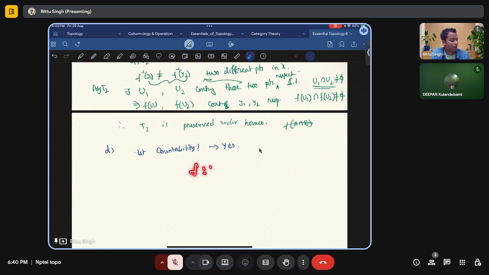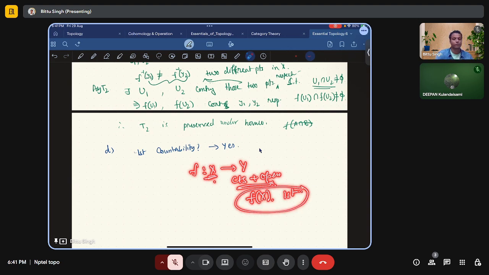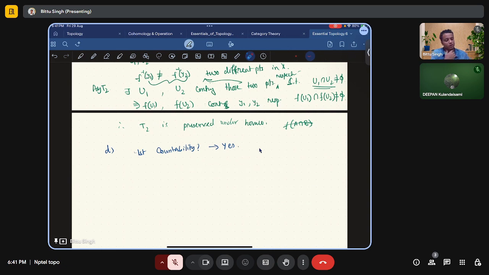Suppose f is a map from X to Y, which is continuous plus open map, then the image f(X) will also be first countable given X is first countable. Those two are enough. The idea is easy to see why this will be true.